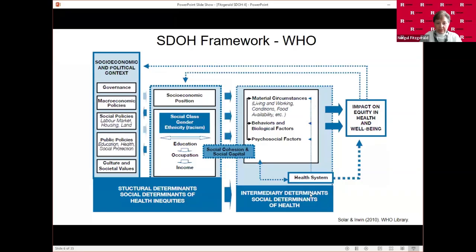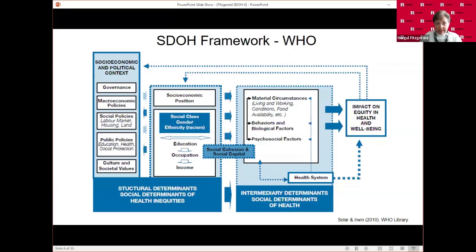These conditions or intermediary determinants can be things like living or working conditions, material circumstances, food availability, access to food, and healthy eating or unhealthy eating patterns. There can be behavioral and biological factors, including lifestyle behaviors, tobacco, alcohol use, physical activity, or even genetic makeup, because those can be influenced by the elements in our environment as well.